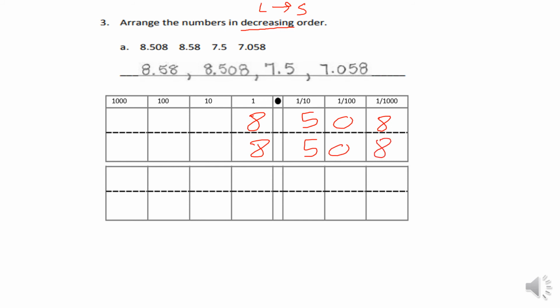Oh, excuse me. That should have been 58. And I'm going to put a 0 on this one here. That was 58. Then we have 7 and 5/10 and 7 and 58 hundredths.